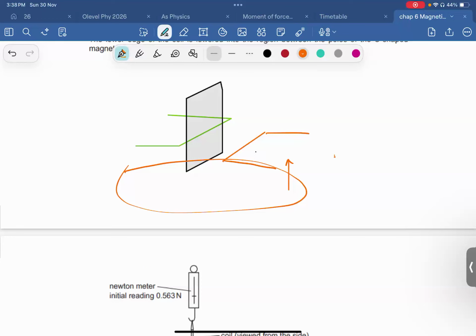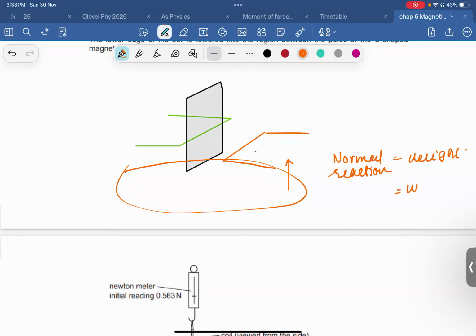So initially the normal reaction was equal to the weight, right? But as you turn on the current, the normal reaction increases, which means the downward force increases, right?